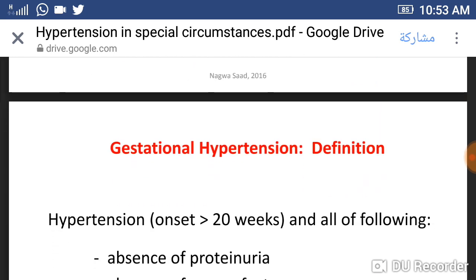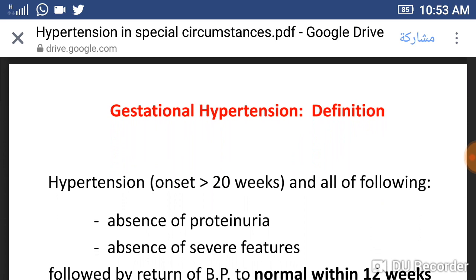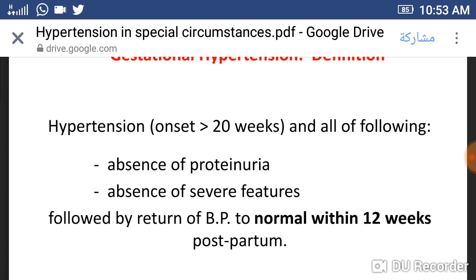Gestational hypertension is hypertension which starts after 20 weeks of pregnancy, with absence of proteinuria and absence of severe features, followed by return of blood pressure to normal within 12 weeks postpartum.